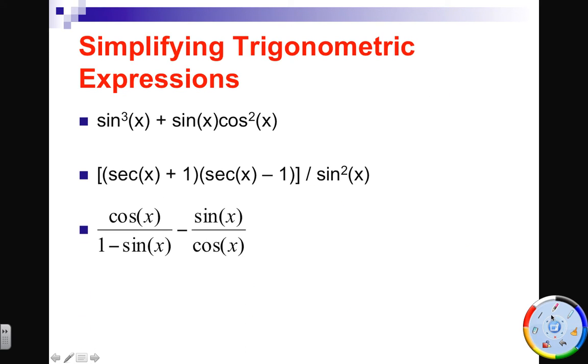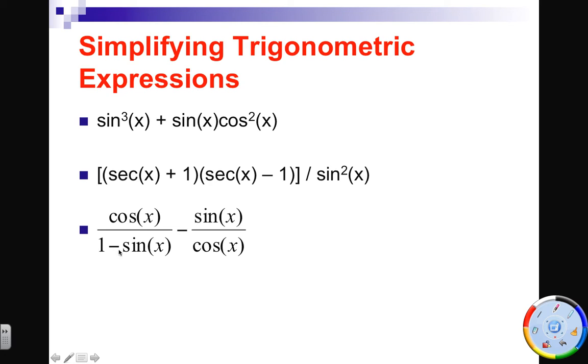One more here. Cosine x over 1 minus sine x, minus sine x over cosine x. And you're probably thinking, I don't even know where to go here. Well, probably since I'm subtracting two fractions, I probably need to make common denominators.